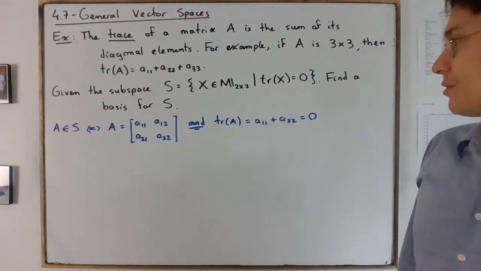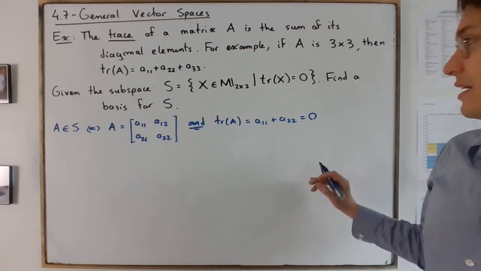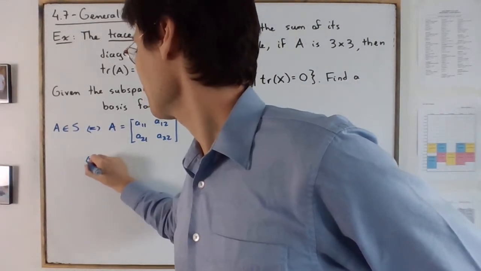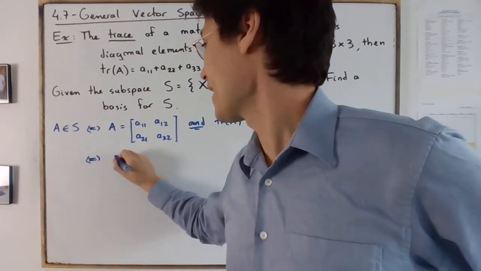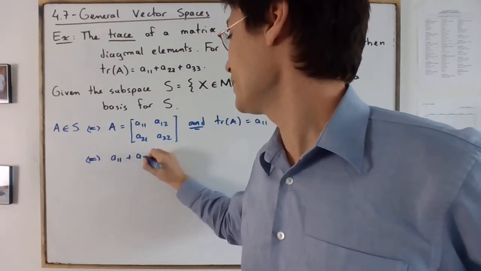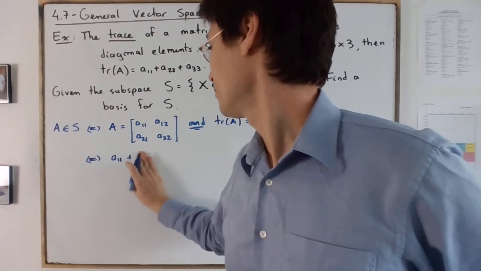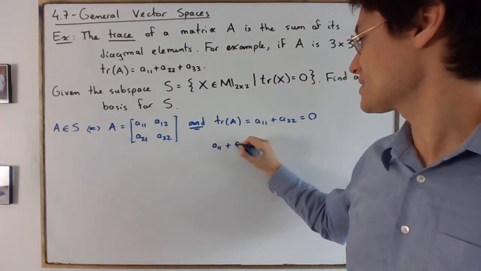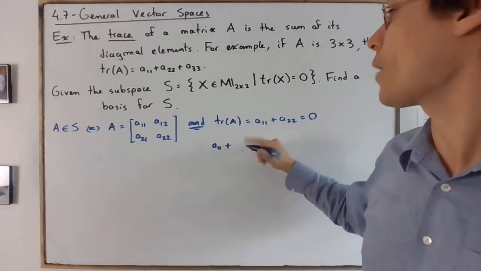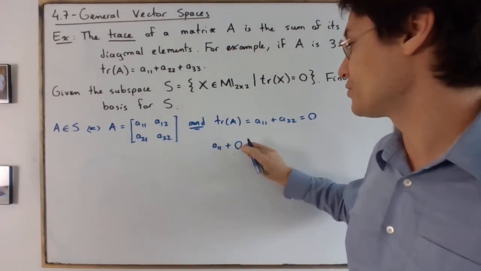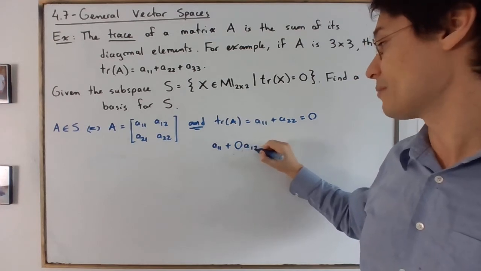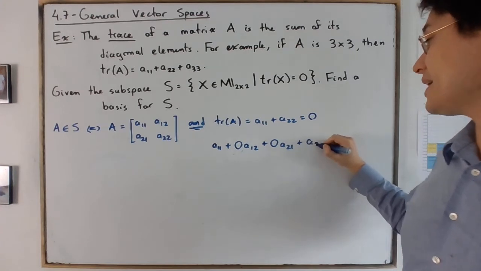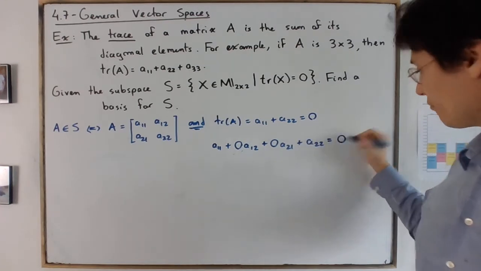So what you're going to do is write the equation here: A11 plus 0 A12 plus 0 A21 plus A22, which is equal to 0.